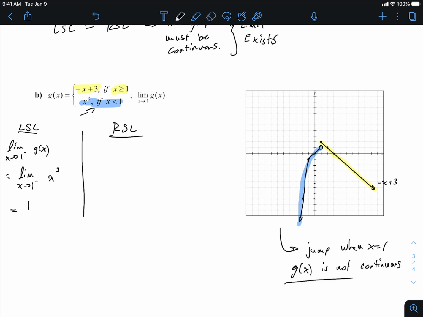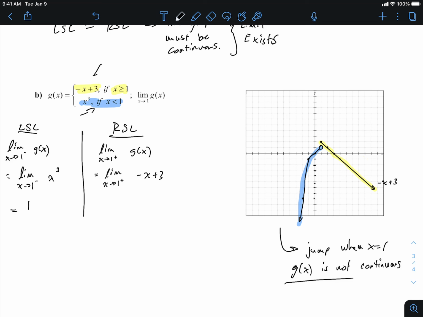And then on the right side, we're going to use the yellow graph. Okay, we're going to check what the limit is. So we're going to check the limit as x approaches 1 from the right of g of x. Right, and so that's going to equal the limit as x approaches 1 from the right of negative x plus 3.